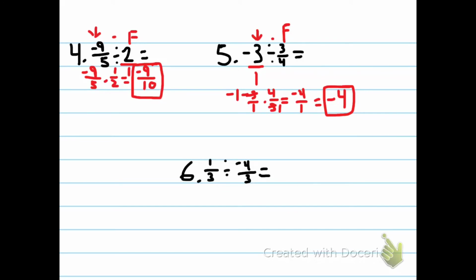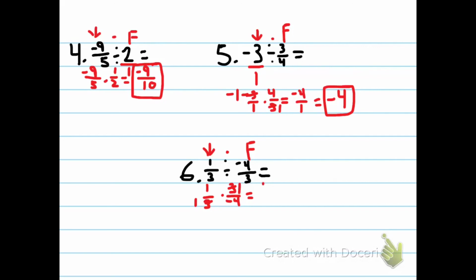So for number 6, keep this fraction, change the sign, and then flip this fraction. So 1/3 times 3 over negative 4. 3 and 3 have 3 in common, so change both of them to 1.